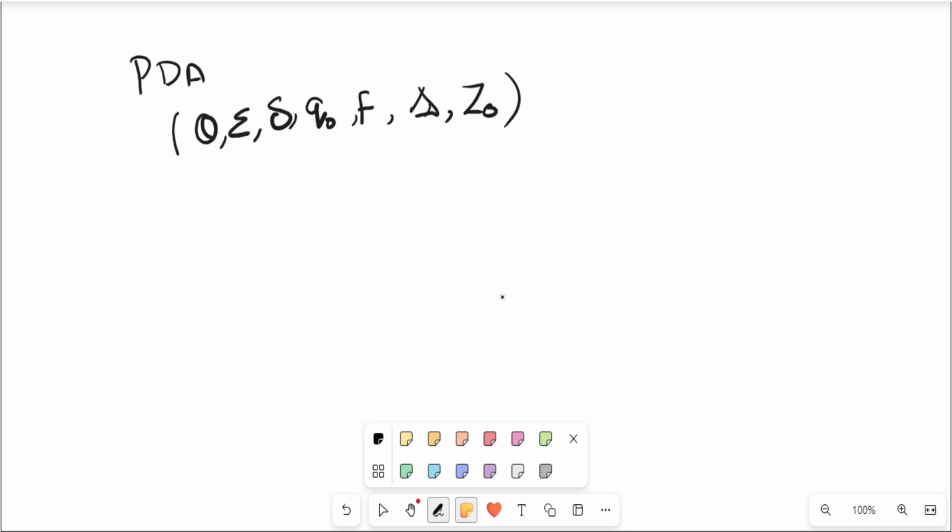Now the transition function of PDA. First of all, we generalize this.